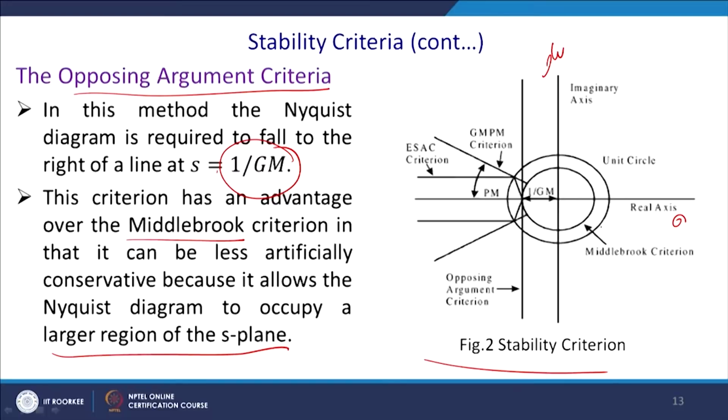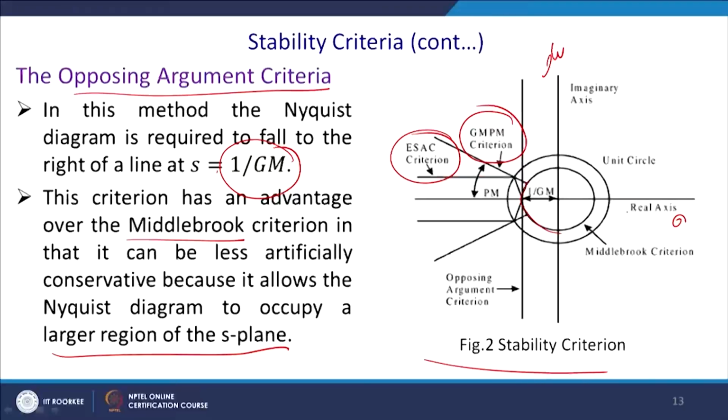So, this lower circle is your Middlebrook criterion, and this one is the Isaac criterion, and this one is your gain margin, phase margin criterion. And you can see that you can very well operate.